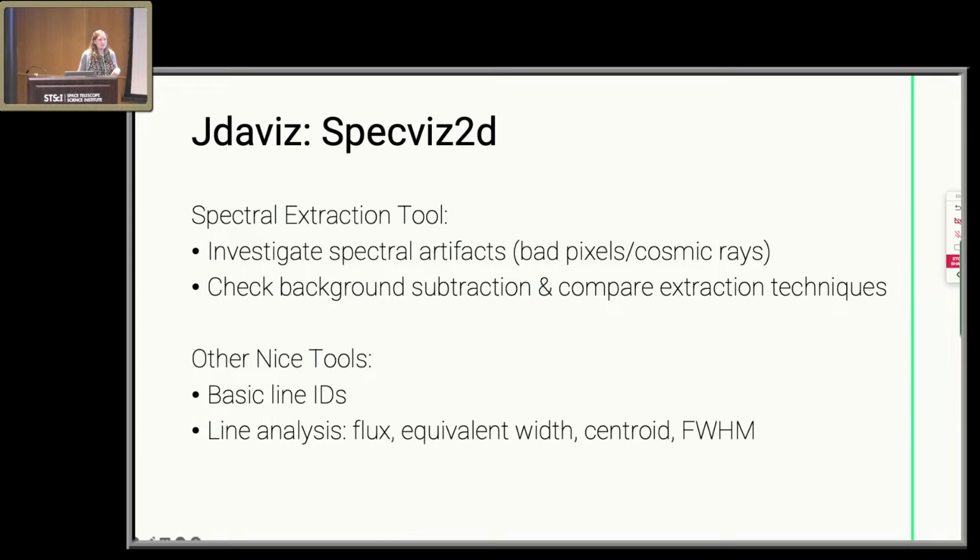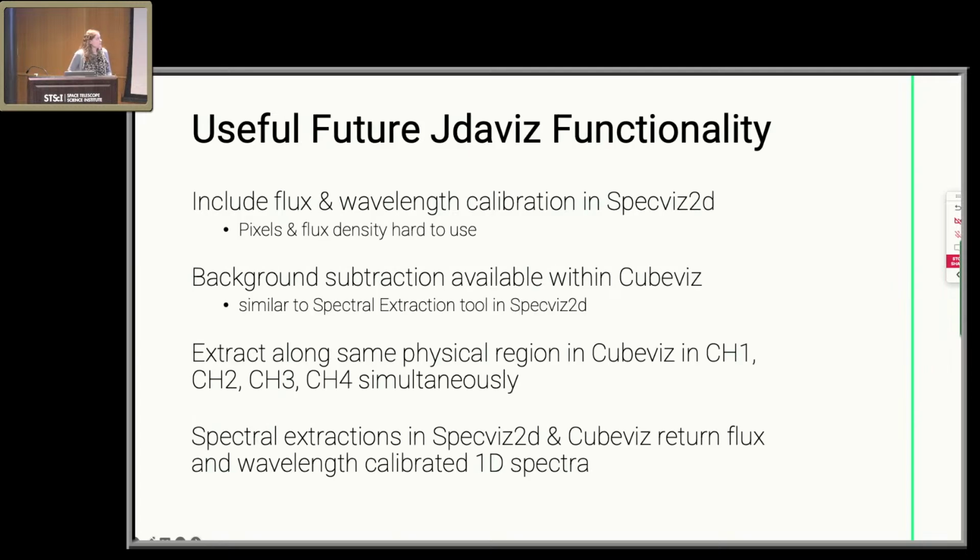So some other nice tools that SpecViz offers are basic line IDs and line analysis tools like flux, equivalent width, centroid, and full width half maximum. In the future, some functionality that I would love to see, so if you work on JDAViz, this is for you. It'd be great to have, like I said, flux and wavelength calibrations, possibly including that within SpecViz 2D.